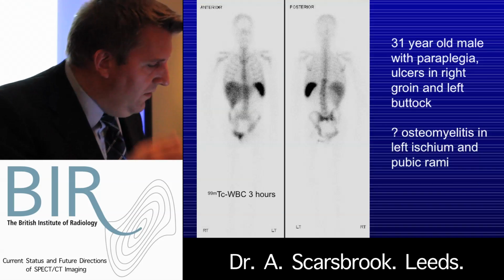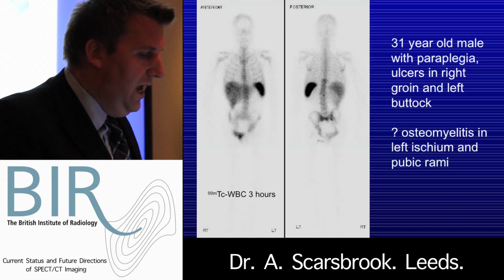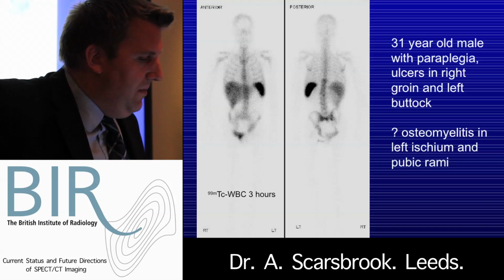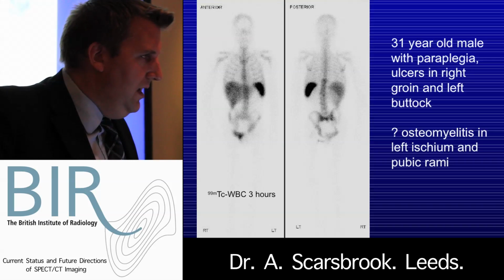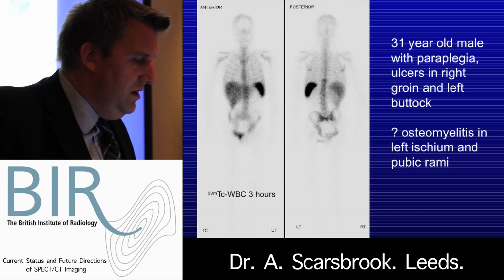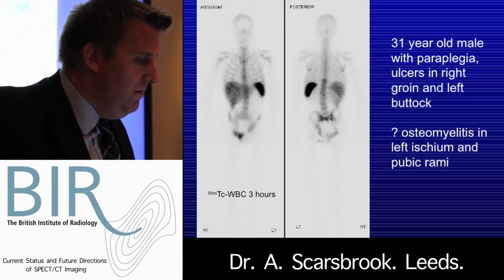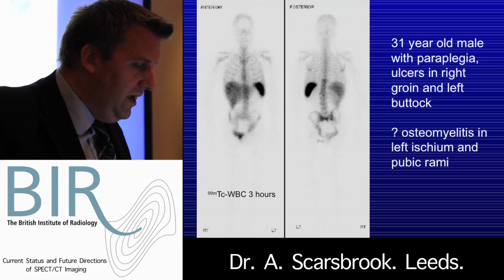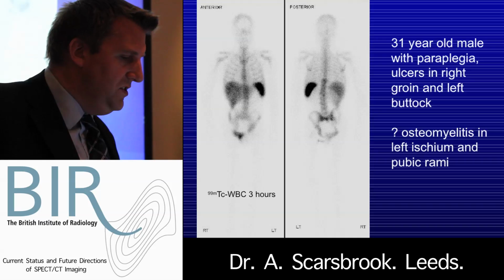This is one of our cases, and it was a quite complicated case, a patient who had been paraplegic for a number of years following a road traffic accident, and he had ulcers within the right groin and the left buttock, and I was concerned about osteomyelitis underlying that, and cross-sectional imaging had been difficult to interpret.